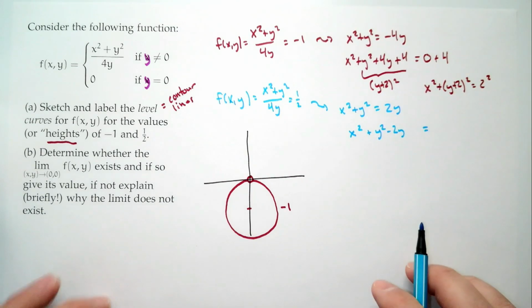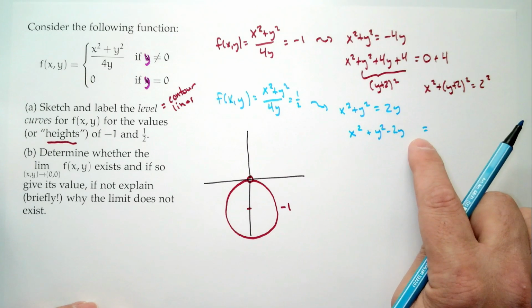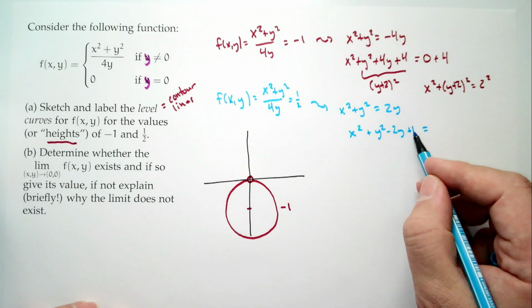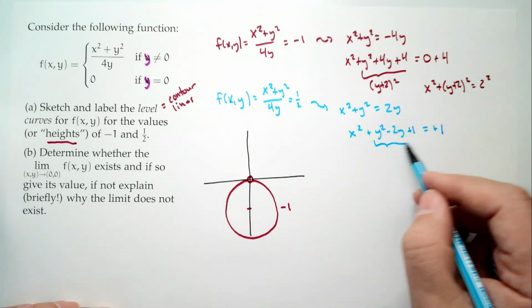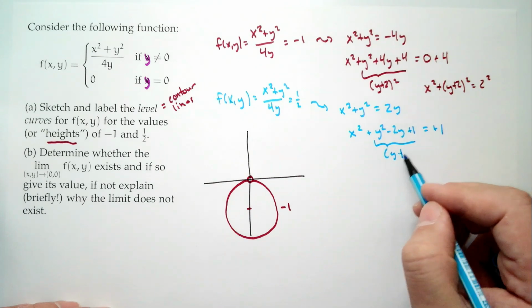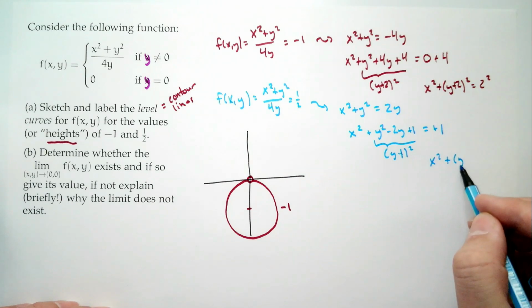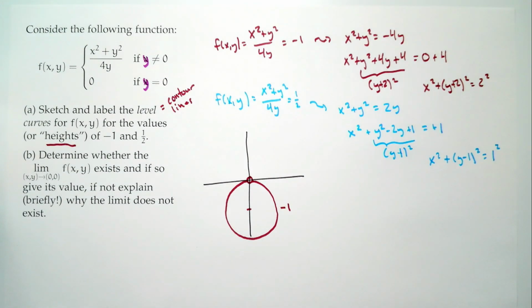What do we need to do now? Add 1. So we're going to add 1 to both sides. And if you do the plus 1, this becomes y minus 1 squared. So we end up with x squared plus y minus 1 squared equals 1, which turns out to be 1 squared.